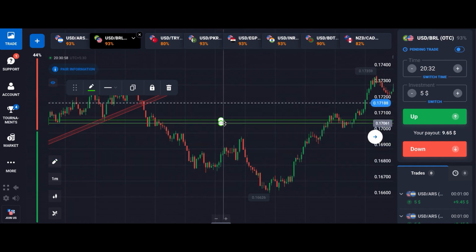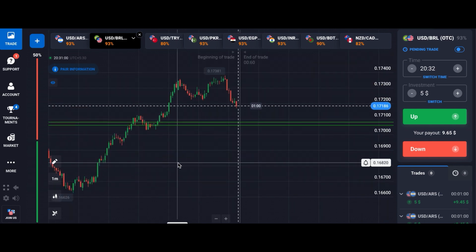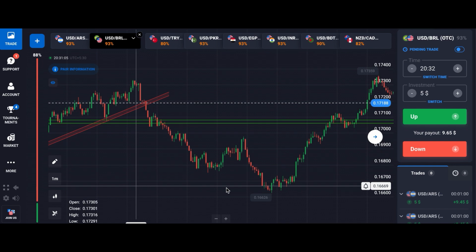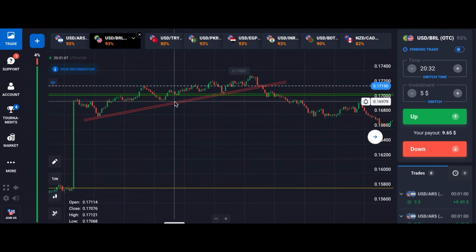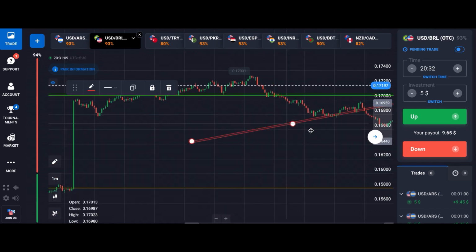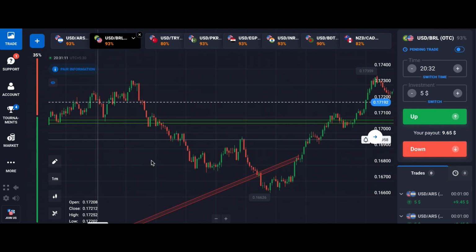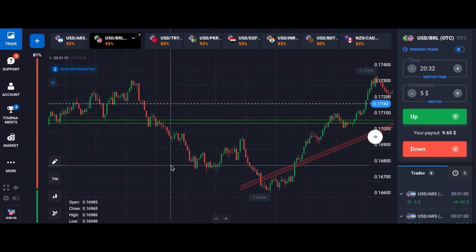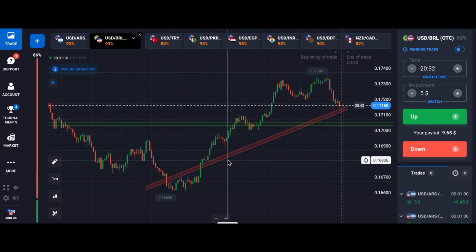You should be here. Okay, now if we draw this trend line here, we can find the exact scenario of what the market is doing.